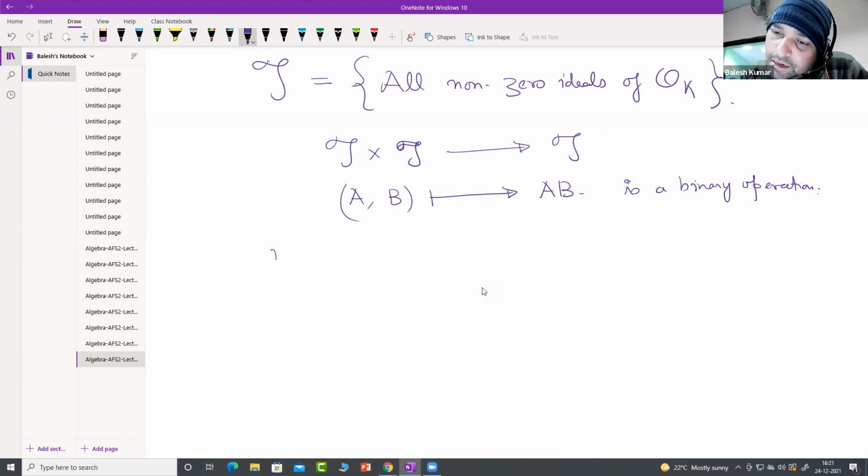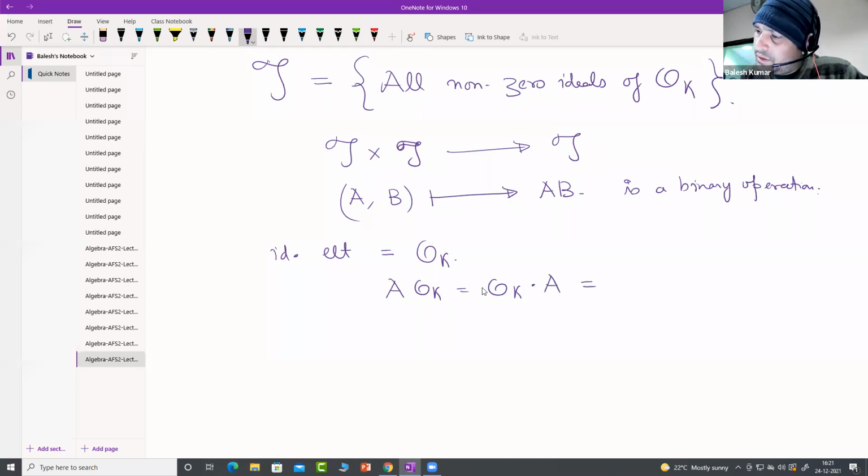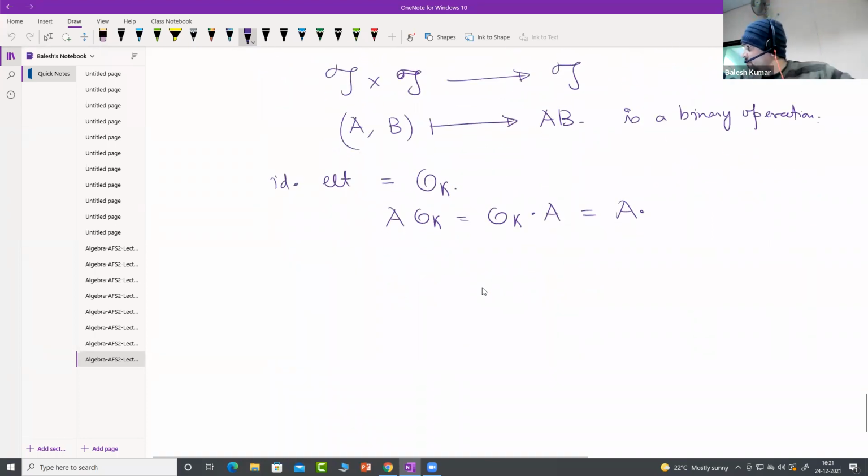The identity element in this collection is precisely the principal ideal generated by 1, which is the full ring OK itself, because A times OK is the same as OK times A, which is equal to the ideal A. Therefore, what we see from here is that I is in fact a monoid.